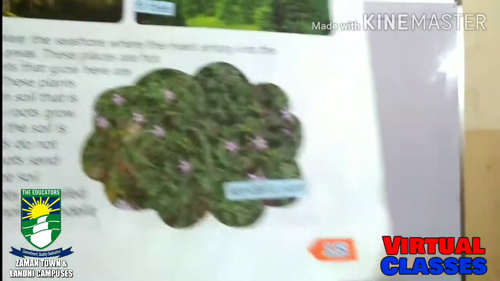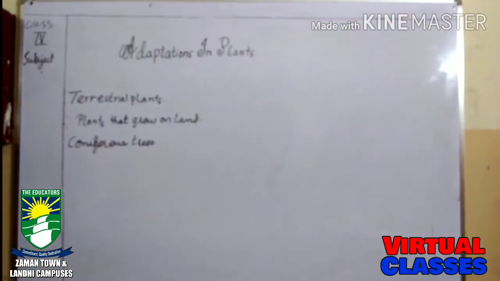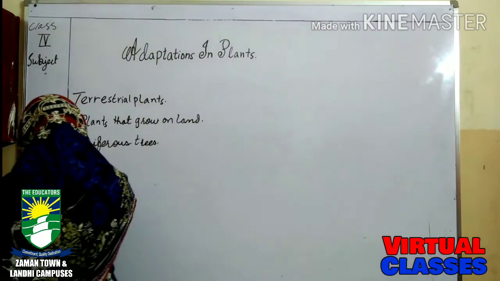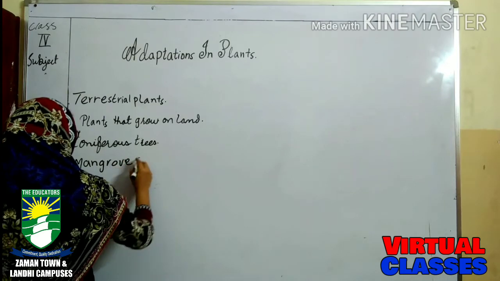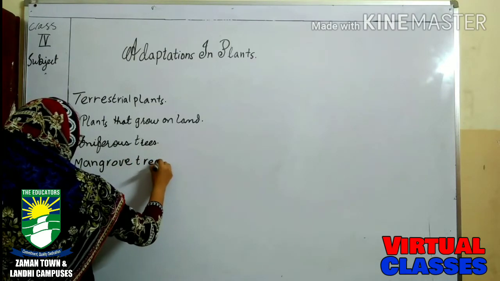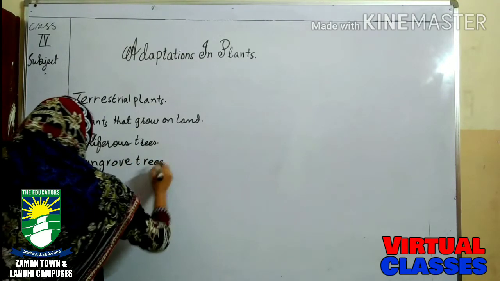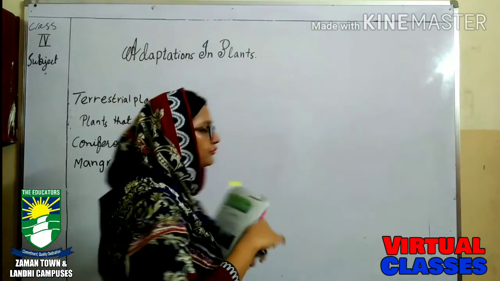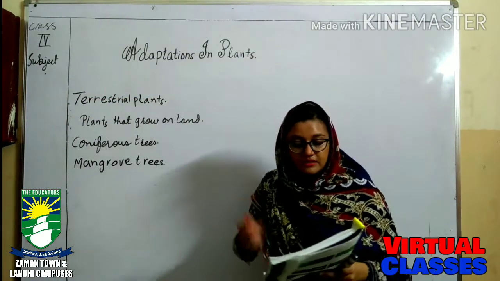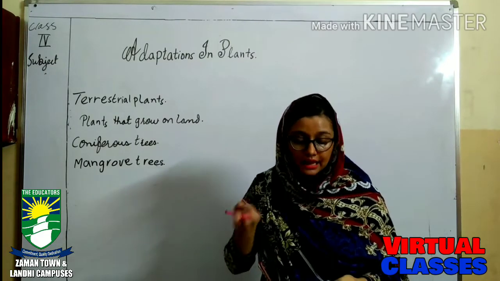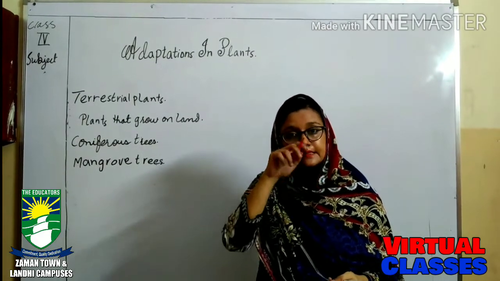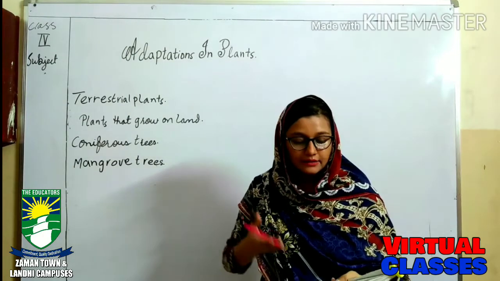Now come to this one, mangrove trees. What is a mangrove tree? Near the seashore where the rivers empty into the sea, like the marshy areas, these places are hot and damp.